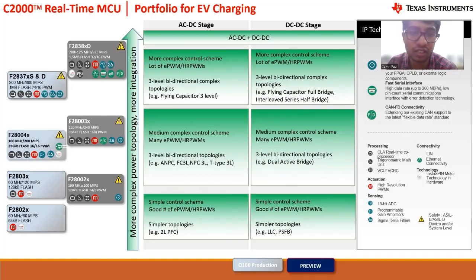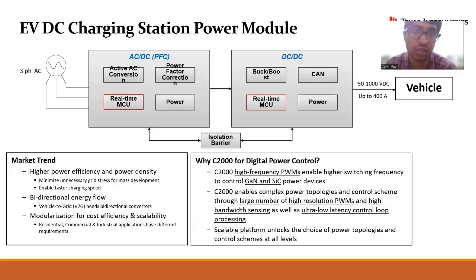Now for EV charging. If you see, this is EV charging. You have an AC-DC power factor correction stage, and then you have a DC-DC stage. The AC signal gets converted to DC, and the DC is passed to the DC-DC stage, which goes to a vehicle, and this vehicle has your battery. Now there's a focus on bidirectional energy flow.